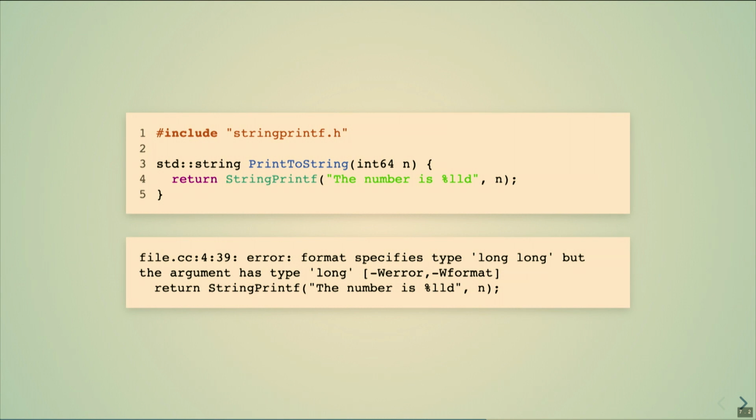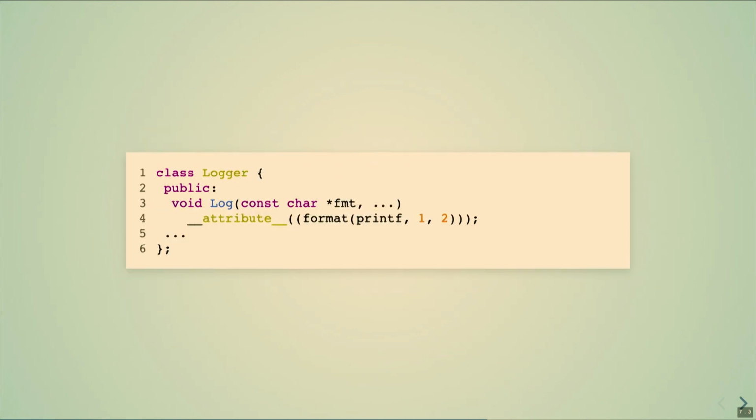So this is a problem that showed up. String printf is a function that's used several 100,000 times in our code base. So we're not fixing this one by hand, right? That's entirely out of the question. We're going to use automated refactoring tools, but the problem is actually slightly larger than this, because you can ask for format checking for any function.